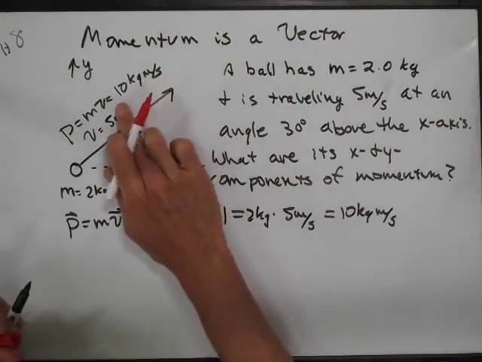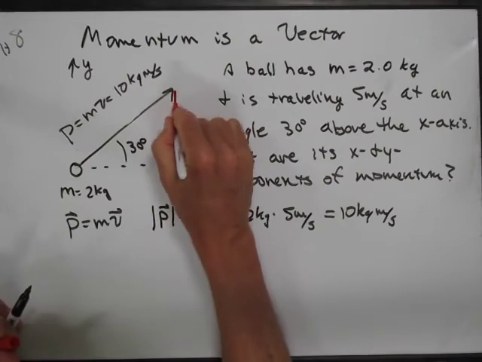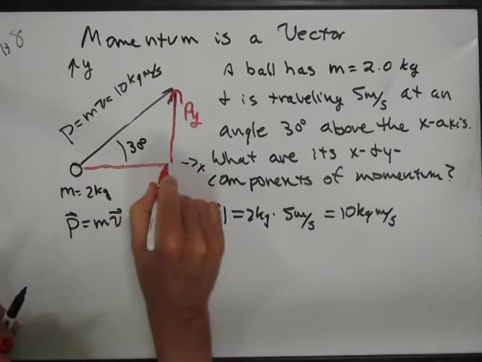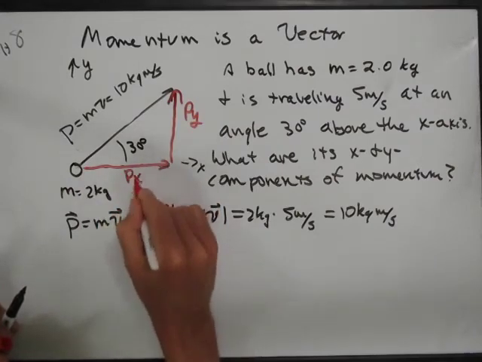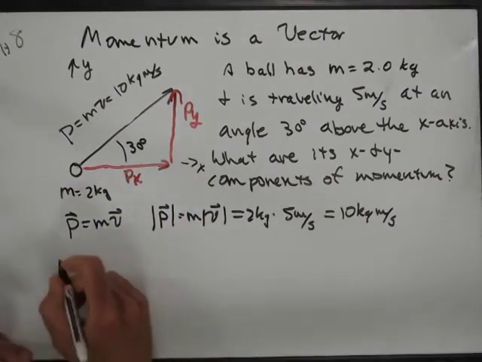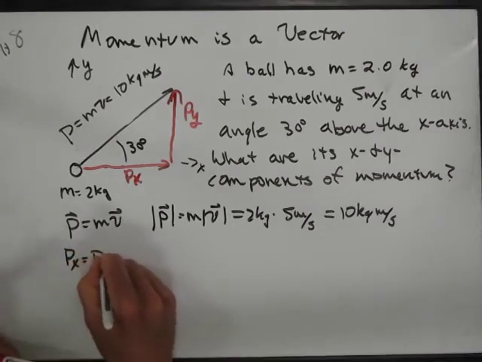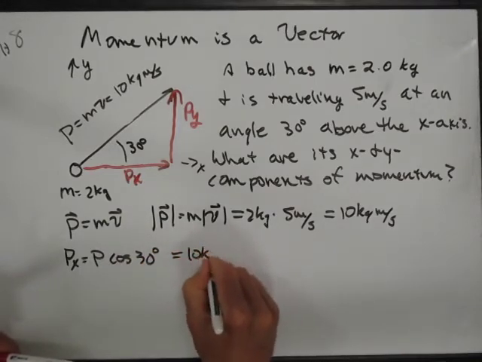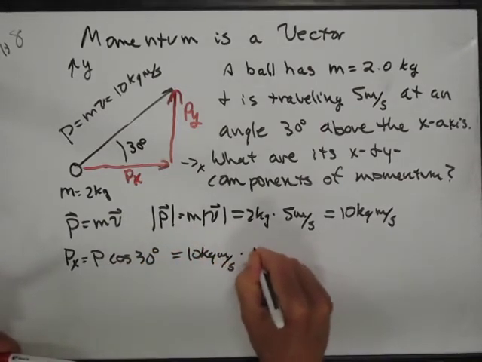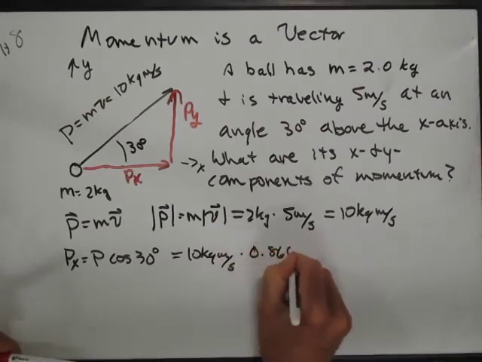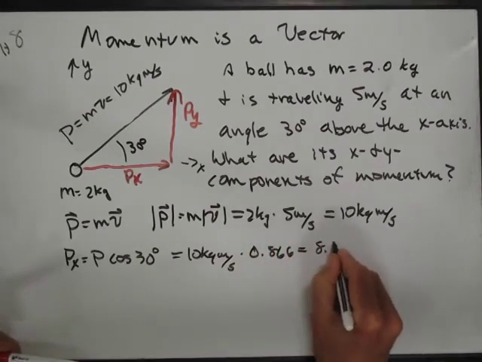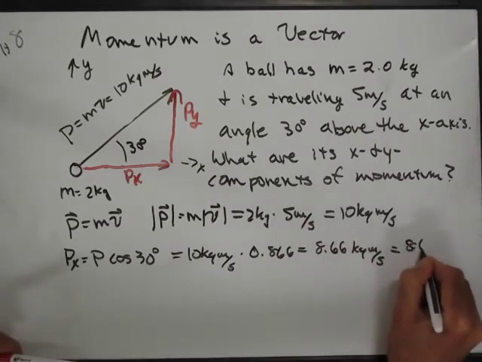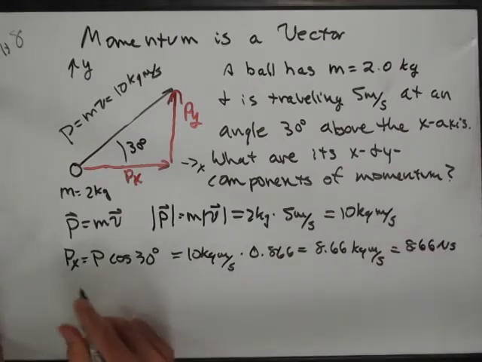I can just leave that guy off now that I've got him included there, and I can say, look, this is my piece of y, and this is my piece of x, right? And so I can say piece of x is equal to p times cosine 30 degrees, which is 10 kilogram meters per second, times 0.866, which is 8.66 kilogram meters per second, or 8.66 Newton seconds, depending on which unit I want to use.